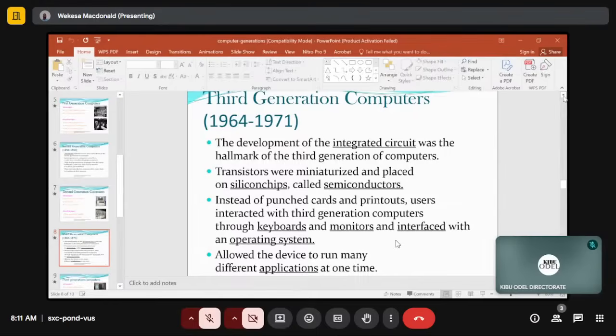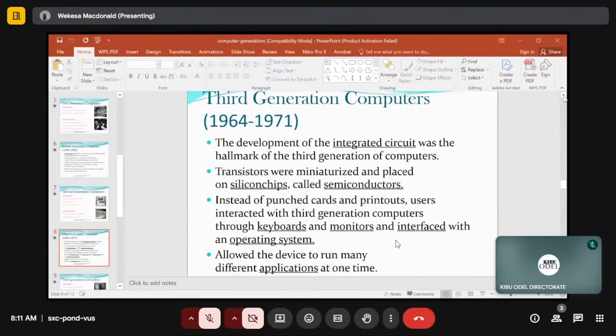Yeah. So third generations had keyboards, they had monitors, they had operating system. You see the changes? And they led to what's called multiprocessing, or multitasking.